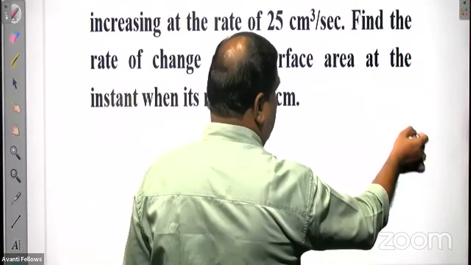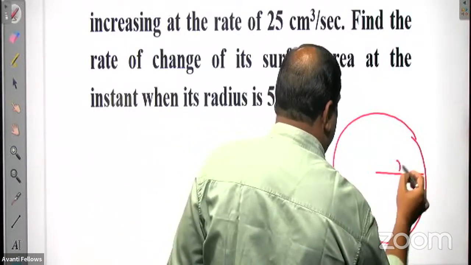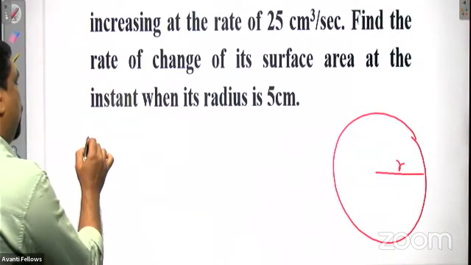So here also there is a variable balloon. Suppose the radius is r at any instant. Let us start.